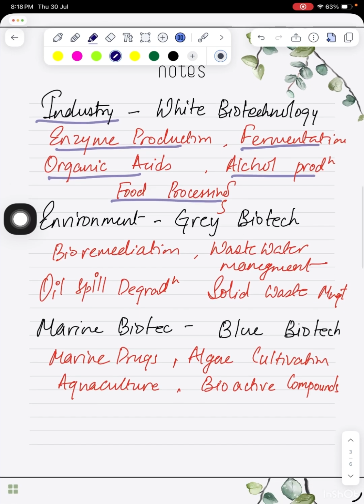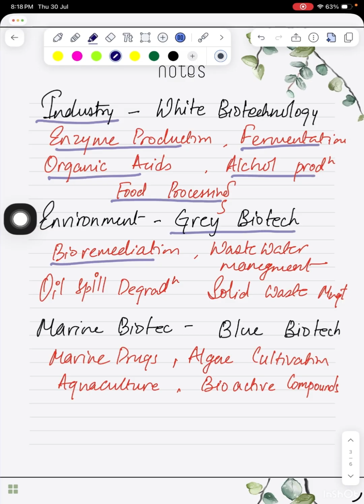There is one more interesting term, that is grey biotechnology, which is related to the environment. This is also generally asked in competitive exams. So what is there in this? That is bioremediation, where toxic pollutants or toxic material in different water bodies are removed by this process.